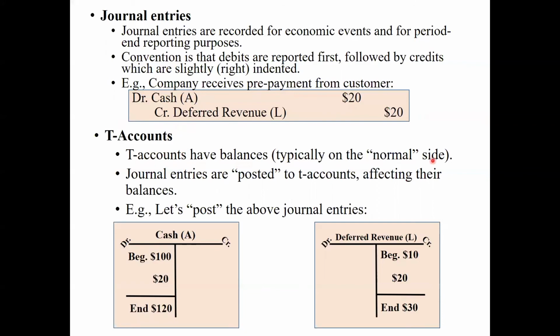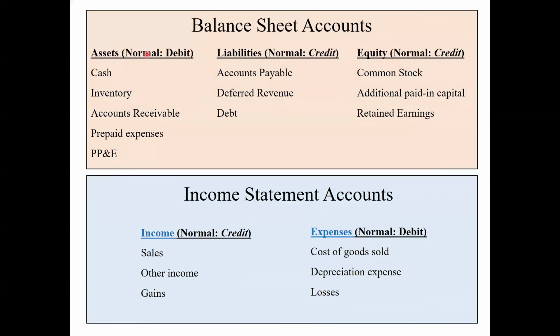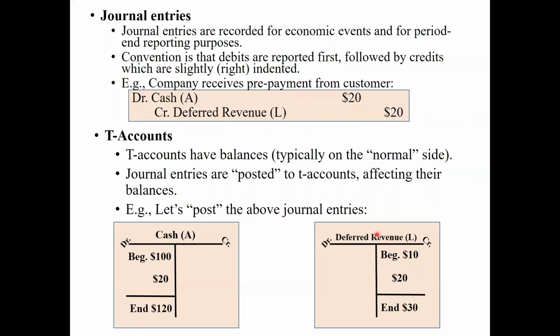We talked about normal in the previous slide. So T accounts have balances, and typically on the normal side. Journal entries up here are posted to T accounts, and they affect the balances. So for example, let's post the above journal entries to the T accounts.